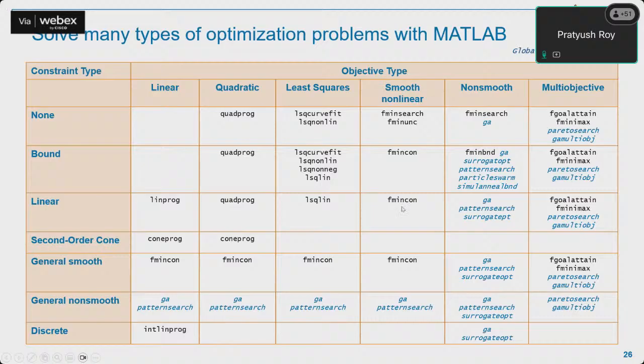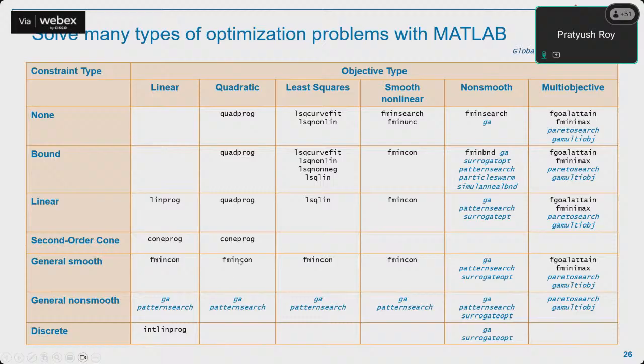If it's nonlinear, then fmincon. For non-smooth single objective problems, you can use genetic algorithm. But in case you have multi-objective problems, you can use gamultiobj, which is genetic algorithm for multi-objective problems. There is also Pareto search and all of these things.